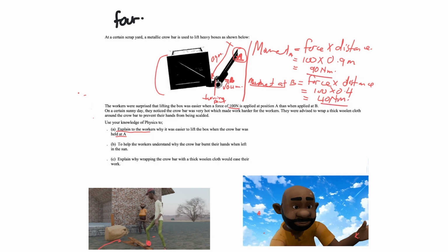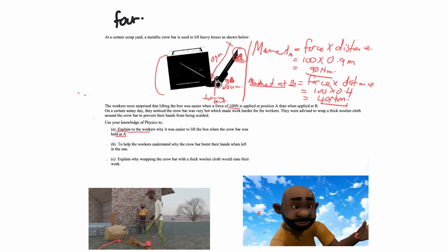So when we compare the magnitude of these moments at position A and at position B, you're going to realize that the magnitude of moment at position A is greater than the magnitude of moment at position B, implying that the greater the moment, the greater the turning effect, and the less the moment of a force, the less the turning effect.